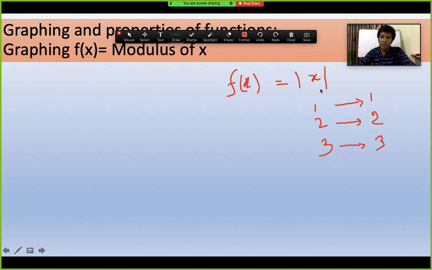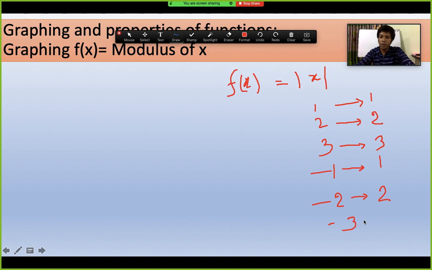But the only difference is, if you put minus 1, due to this modulus, it will make the number positive. If you put minus 2 within the modulus sign, modulus means take the positive value of that, so the positive value is 2.